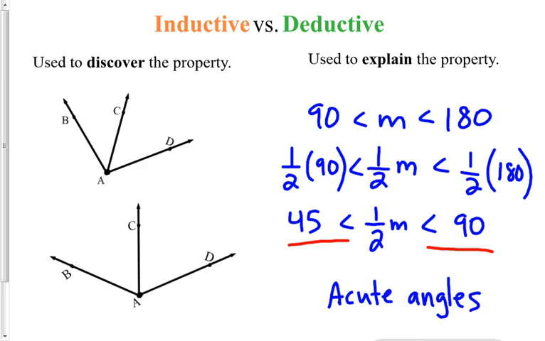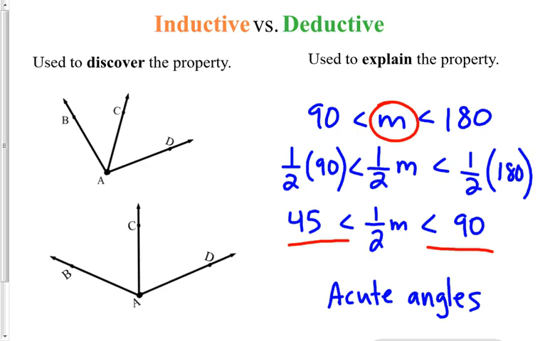Therefore, by using deductive reasoning and the fact that our variable m can stand for any obtuse measurement, we have used some algebra and deductive reasoning to conclude that for any obtuse angle, when you bisect it, you will get two acute angles.